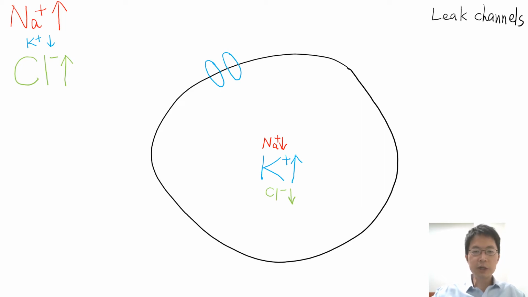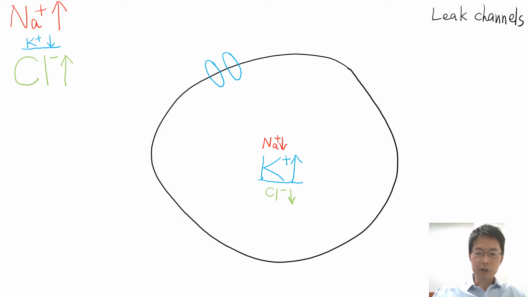So the question to you is that under normal situations, which direction will potassium go through the leak channel? You have two choices: from outside the cell to inside the cell, or from inside the cell to outside the cell. Well, I hope you make your choice. I hope most of you will say from inside the cell to outside the cell, because inside the cell we have high potassium, and outside the cell we have low potassium.